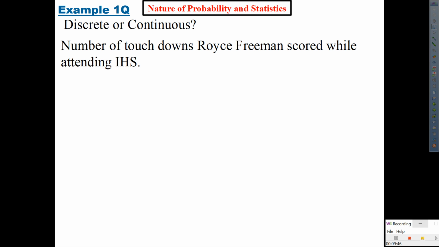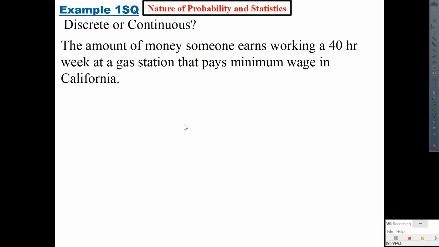Here goes another one. Don't copy these next ones. This is just so that you can practice. Here it goes. Example 1, super Q. The amount of money someone earns working a 40-hour week at a gas station that pays the minimum wage in California. Tell your neighbor what kind of variable that is.